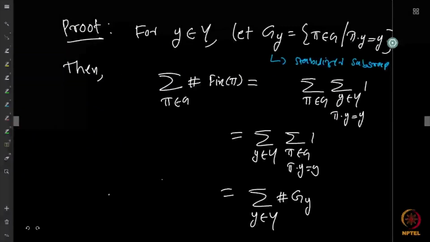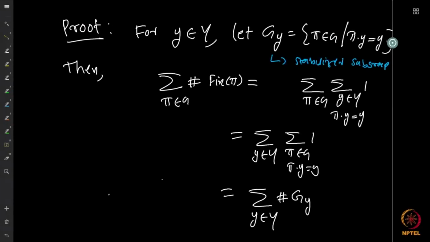Okay. Now let us try to prove Burnside's lemma. For any element y of Y, let us look at the set of all permutations which fix y, which is called the stabilizer subgroup of G, denoted by G_y. So G_y is the set of all permutations that fix the element y, so π·y is equal to y.